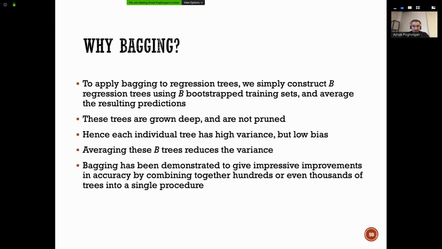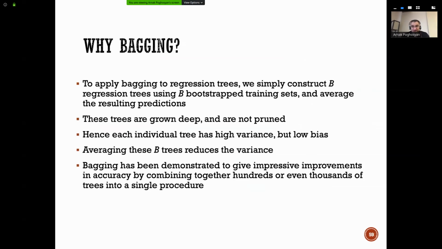And in this case, what is interesting in case of bagging, some interesting observations. It's very difficult to mathematically prove, but based on some practice, we have these kinds of observations. The first observation is that there is no need to prune the trees when you are doing bagging. You are just growing very deep, very big trees, because you know that finally you are going to take the average. That is why there is no need to prune them.